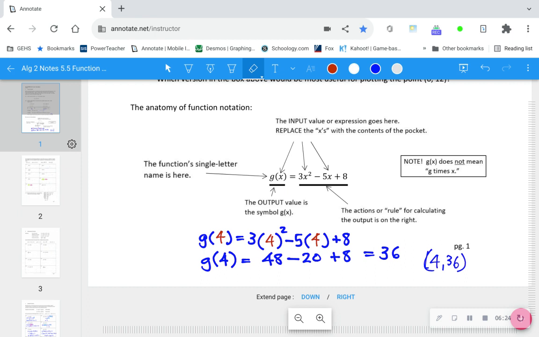That's a symbol, g of x, and it should be taken as a single symbol. It's got 2 parts to it, the g, which is the name, and the x, which is the input, but when you put it together, g of x is the symbol for the output. We typically call that y. Okay, I'll see you again on the other side for page 2.